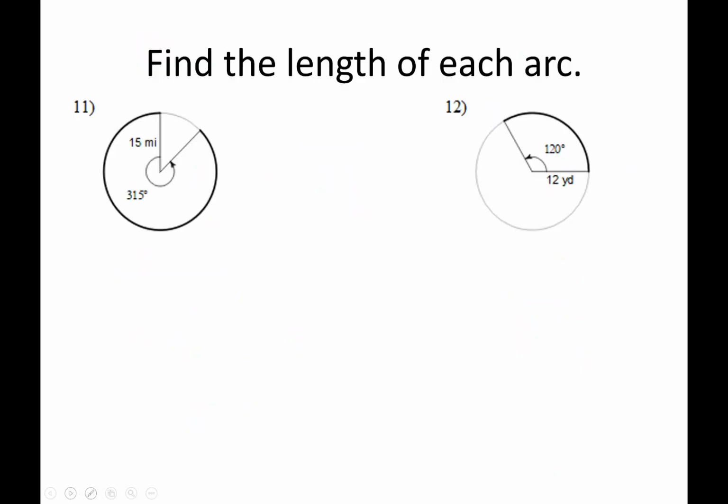All right, next, find the length of each arc. This requires us to use a formula. We have the central angle over 360 degrees times, since we want the length of the arc, we would multiply that by 2 pi r. In this first one, my central angle is given to me, 315 degrees.